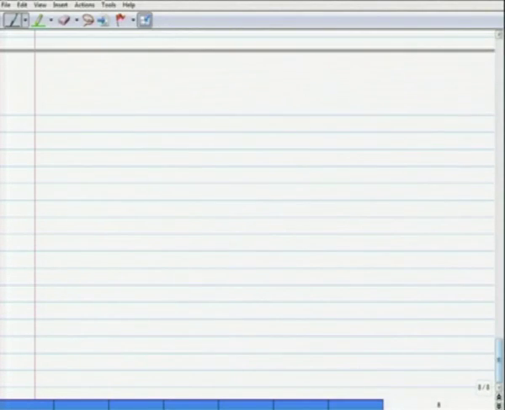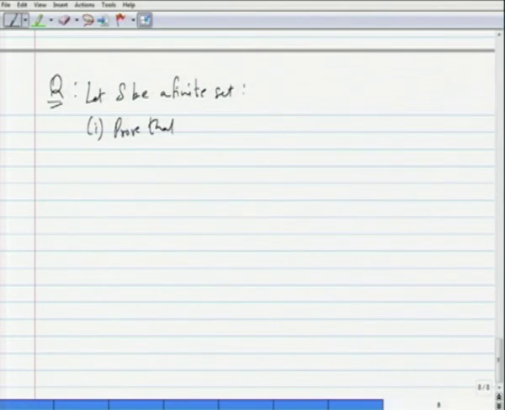Let us look at the following problem. Let S be a finite set. Prove that S is open if and only if S is empty.